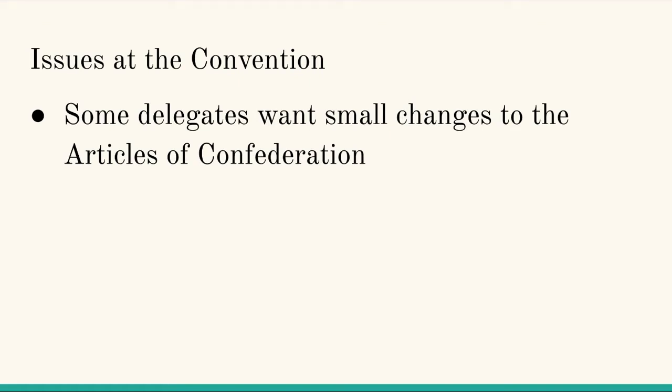Some delegates want just very small edits made to the Articles of Confederation. They think there's still things that work really well in that document. They just need to tweak it. Some people think that the articles were way too weak and we essentially need to chuck it out the window and totally rewrite it. We need something new. We need something completely different.